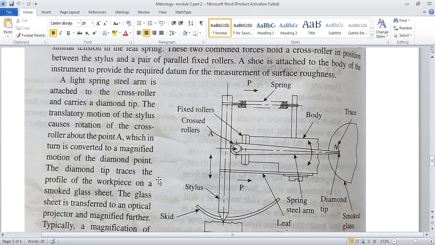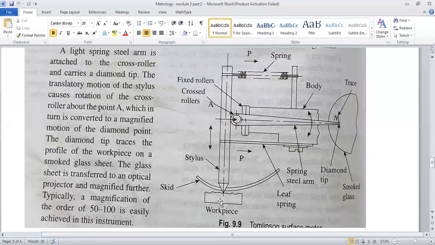The diamond tip traces the profile of the workpiece on a smoked glass sheet. That means when this is the workpiece, we take the shadow or image on a smoked glass of the workpiece surface, and the diamond tip will trace the shadow.